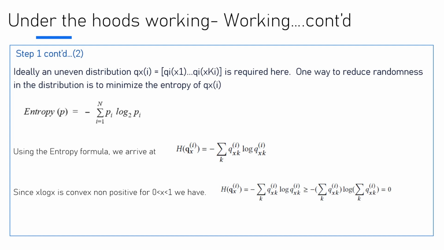One way to reduce the randomness is to minimize the entropy on Q_X of I. If I look at the entropy formula, the summation of i from 1 to n of p_i log p_i, we end up using the same formula to determine the entropy for Q_X of I.